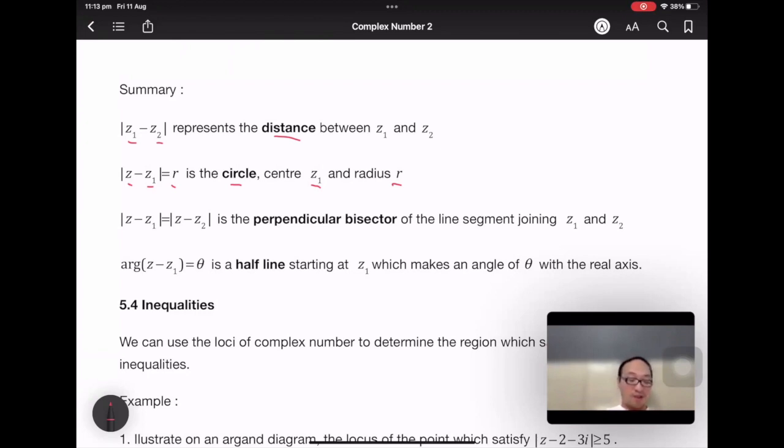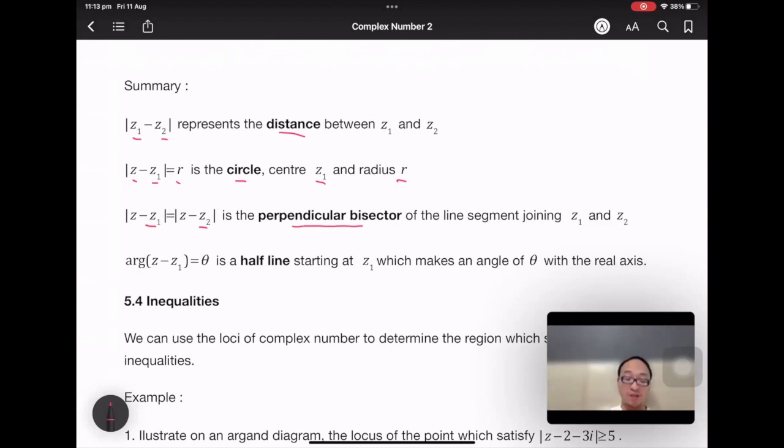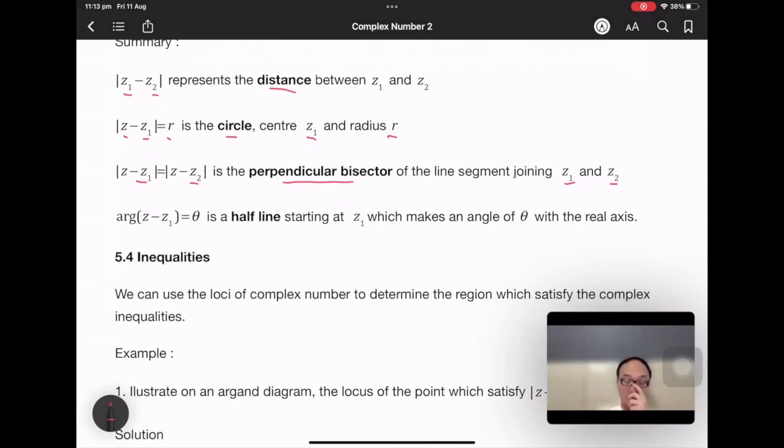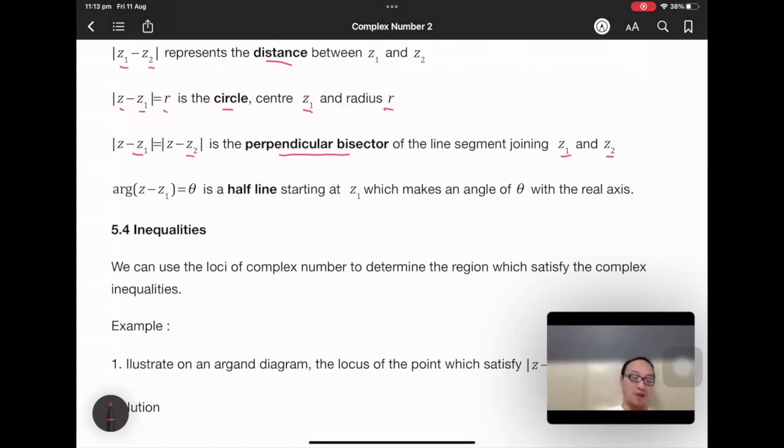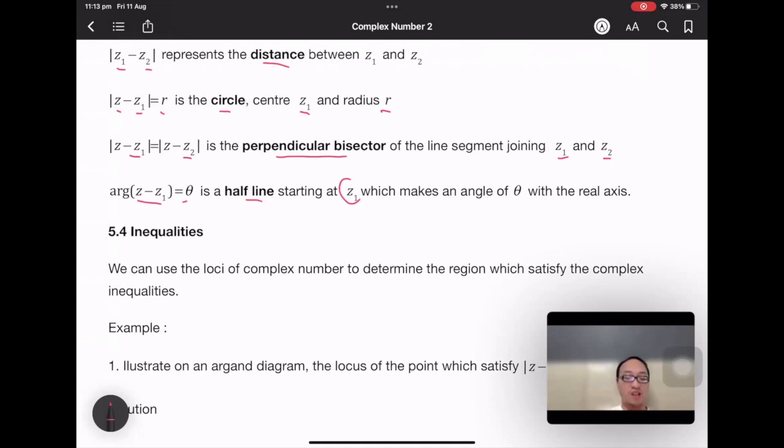If we have modulus z minus z1 equals modulus z minus z2, that means it is a perpendicular bisector of the line segment joining z1 and z2. And if you have argument z minus z1 equals theta, this is a half line starting at the coordinate z1, making an angle of theta to the real axis.